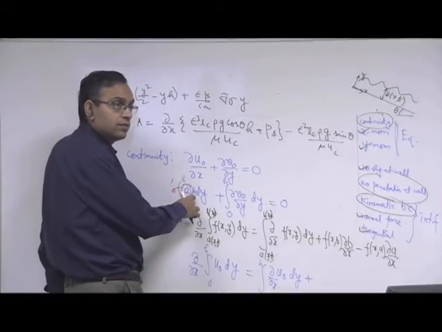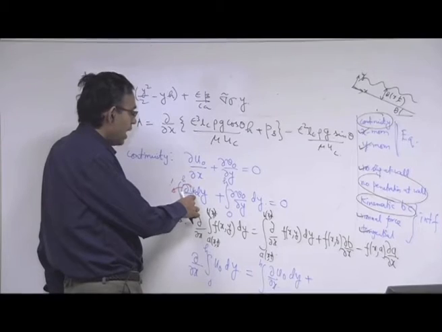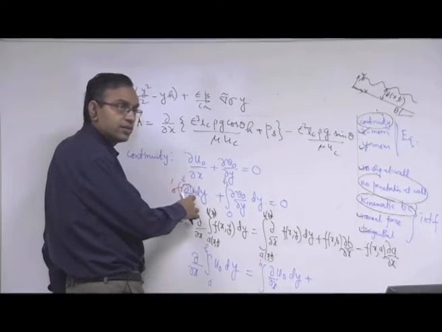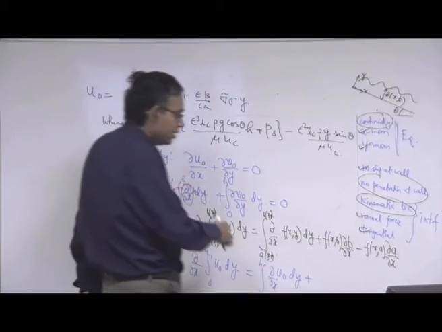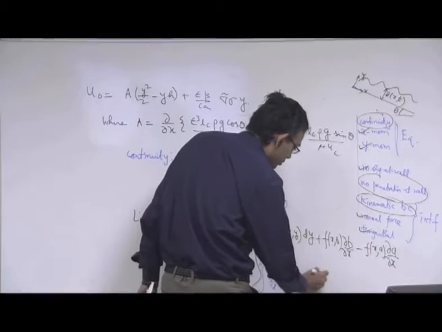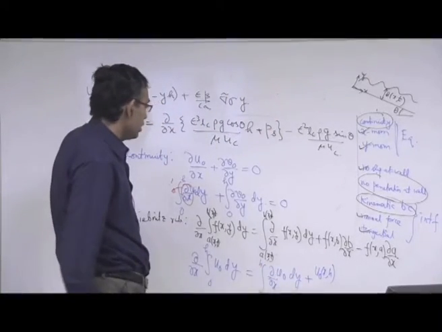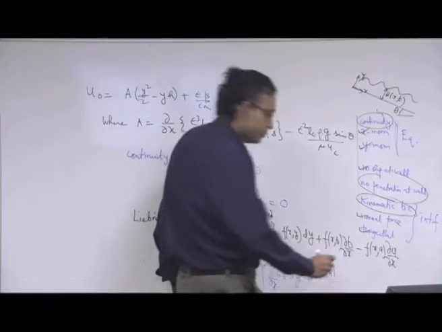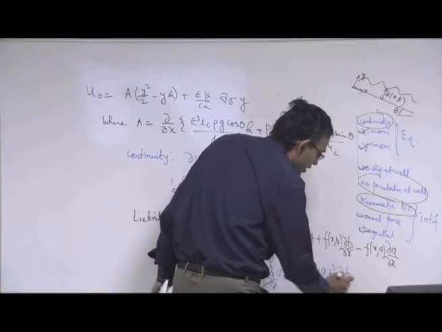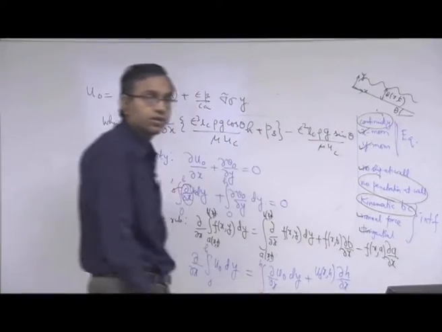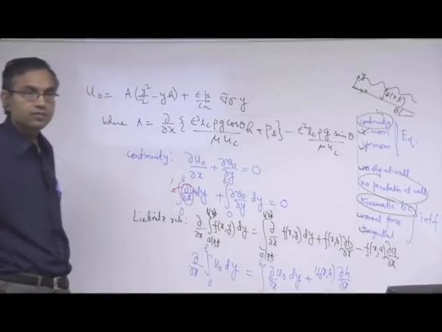u0 at x, h, right, into ∂h/∂x. The next term is of course 0 because A itself is 0, right.